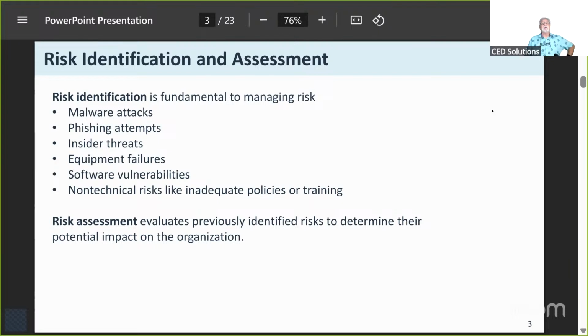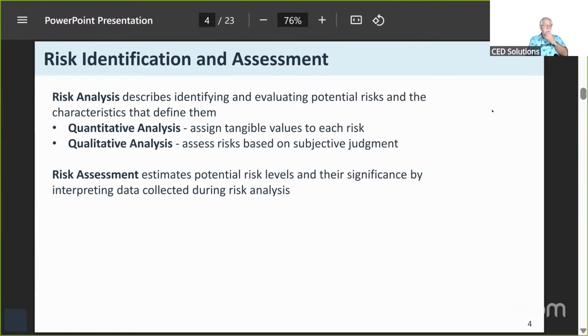Okay. We also talked about doing your risk assessment. Risks are assessed and evaluated based on two very important factors. What is the likelihood of the risk? And that's usually a quantitative value, 1 to 10, 1 to 20. And then the second value is the impact or the consequences of the risk, also usually a quantitative value, dollars and cents.